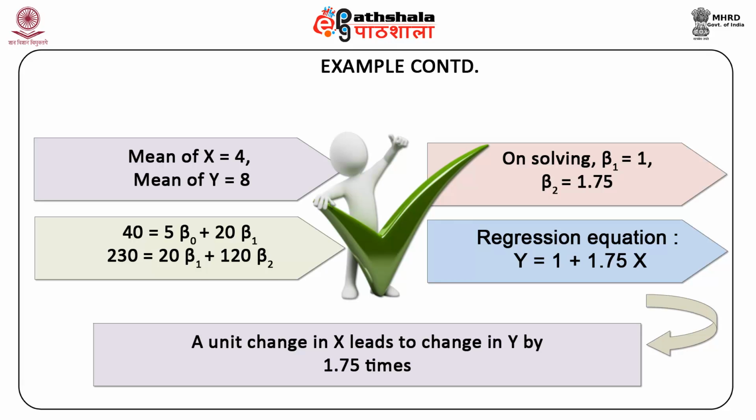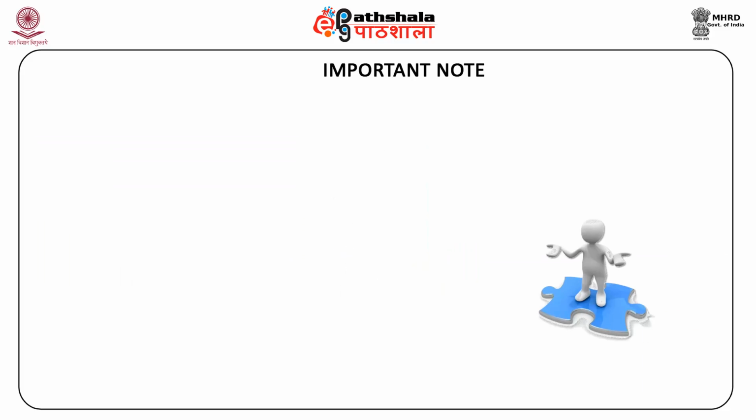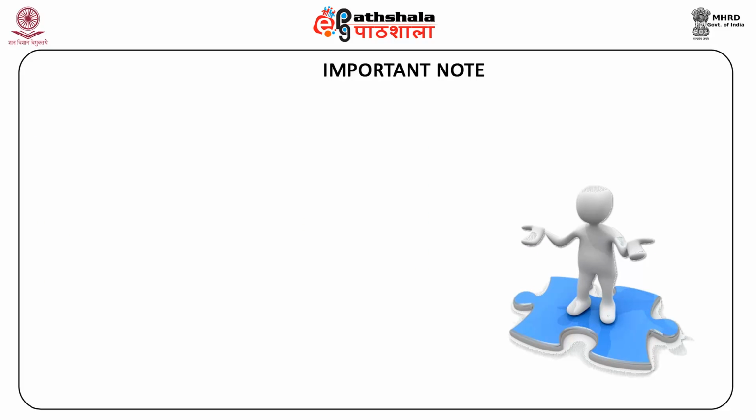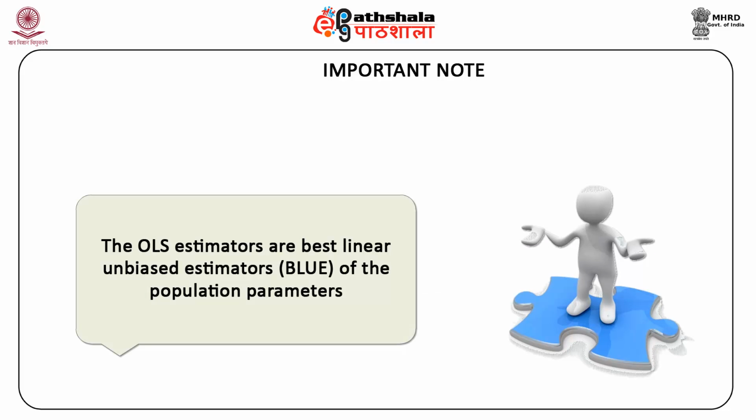That is, a unit change in x leads to a change in y by 1.75 times. One of the important points to keep in mind is that the OLS estimators are best linear unbiased estimators, or BLUE, of the population parameters.